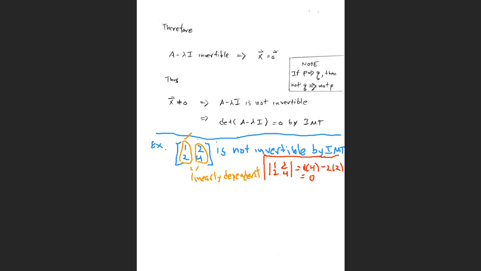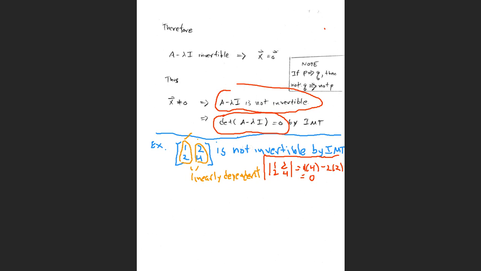I'm not saying it's a proof, but hopefully it'll convince you that if I have a matrix that's not invertible, then its determinant is going to equal 0. Okay. Now, in our case, we have the determinant of A minus lambda I is not equal to 0.